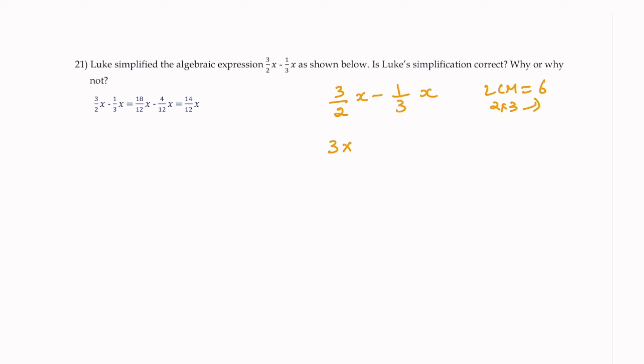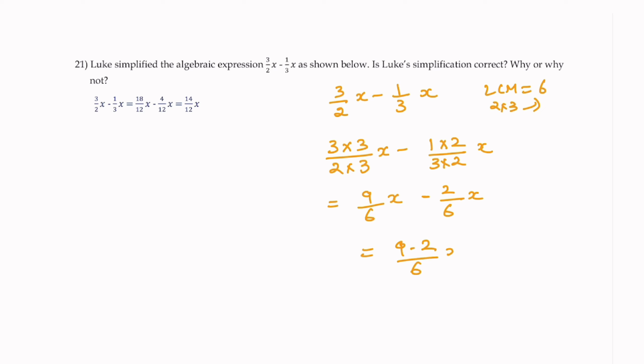That's 3 times 3 over 2 times 3x minus 1 times 2 over 3 times 2x. That's how we are going to get our denominator as 6, which is equal to 9 over 6x minus 2 over 6x. That's 9 minus 2 over 6x. That's 7 over 6x. That's the answer.